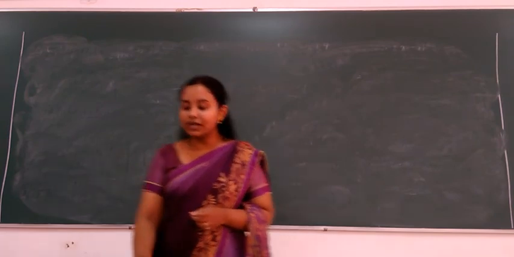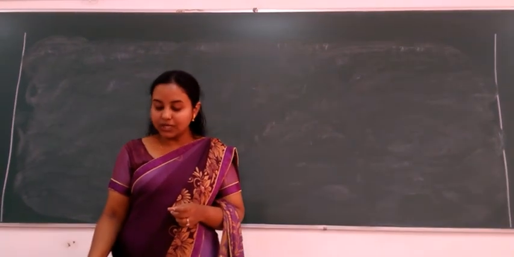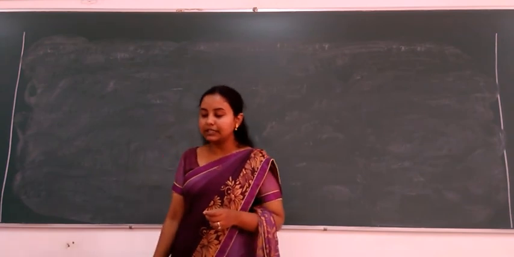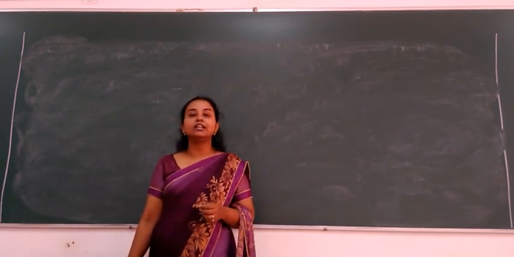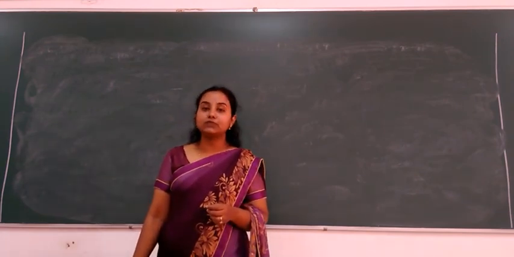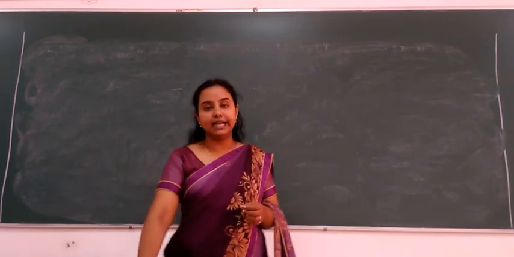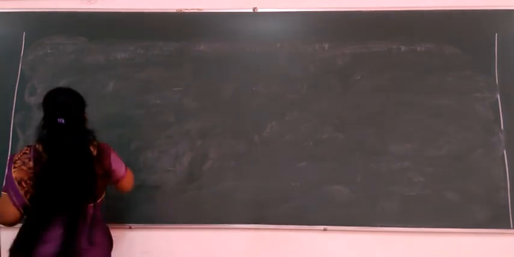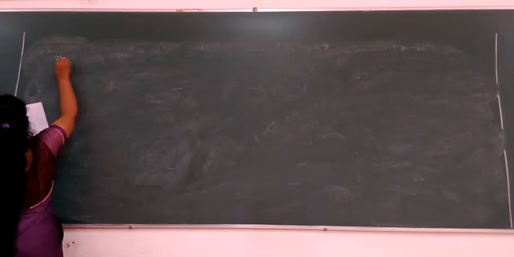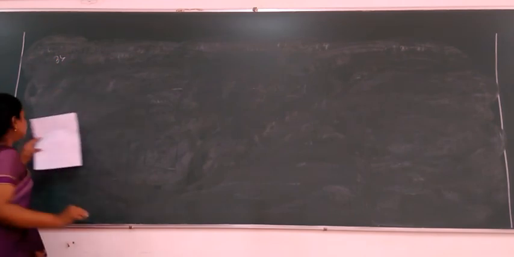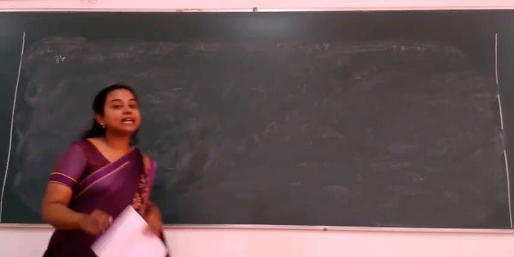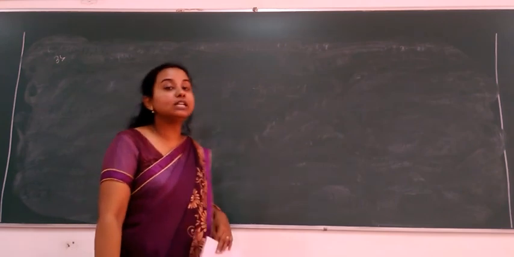So let us go to our third problem. What is given in the third problem? In the third problem also you need to calculate the mean and variance for ungrouped data. So let us consider those observations. In the third problem the observations are not directly given. What is given?